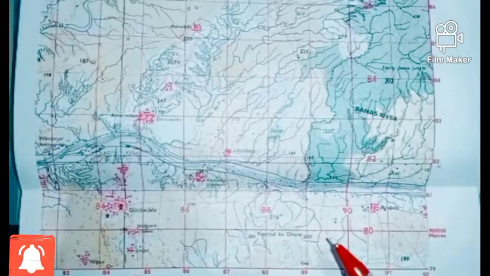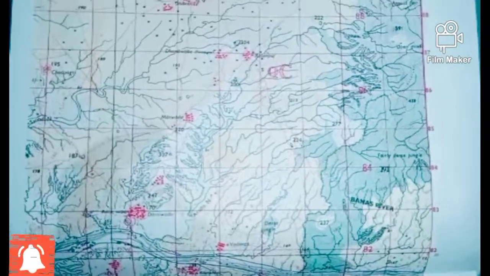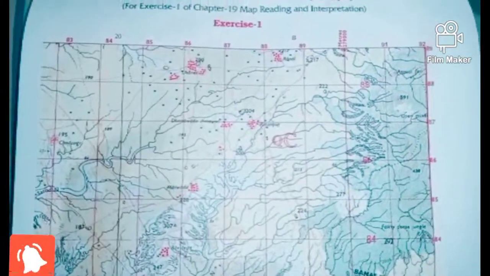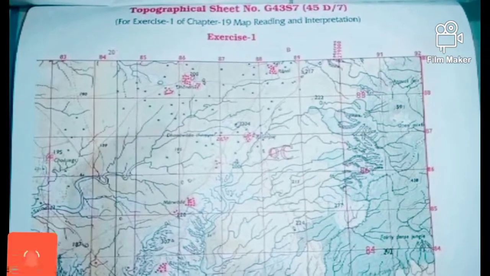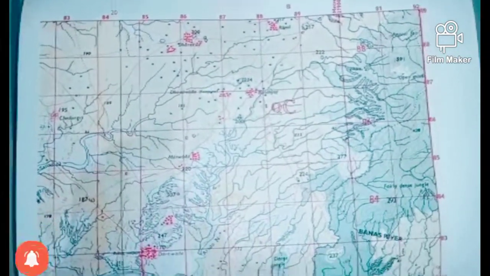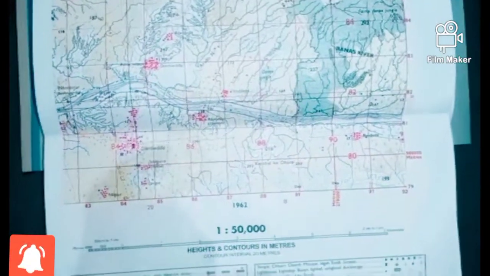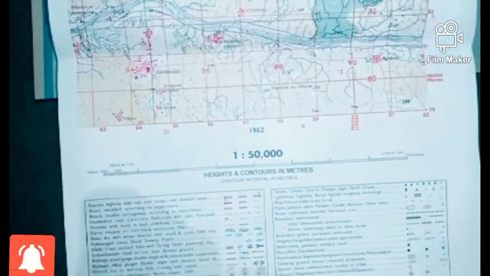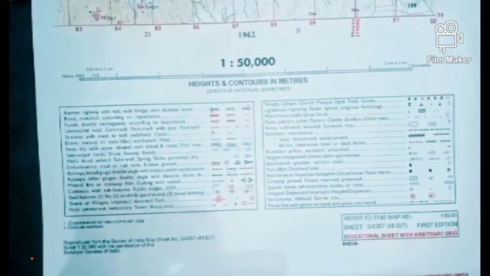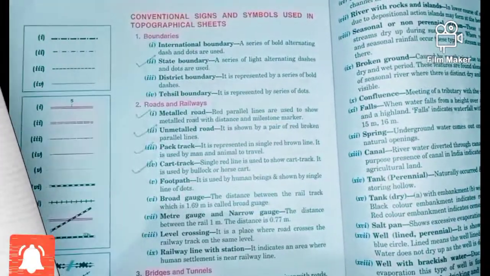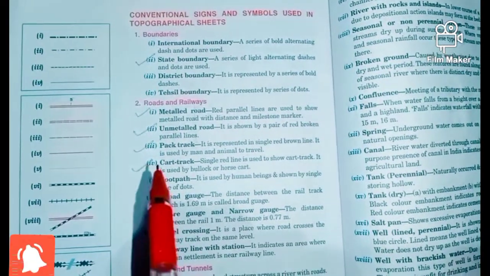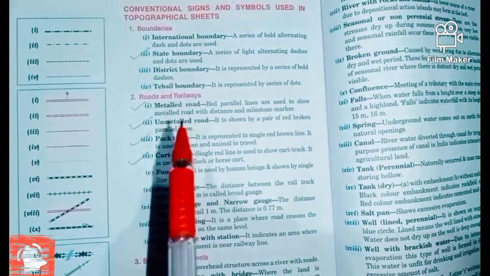So every topographical sheet has an index of signs and symbols. Let's try to identify some meanings and symbols with their proper functions in the topographical map. Here are a few important signs and symbols.